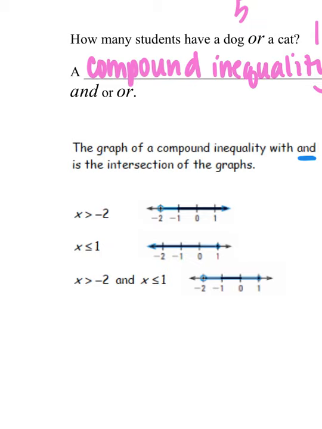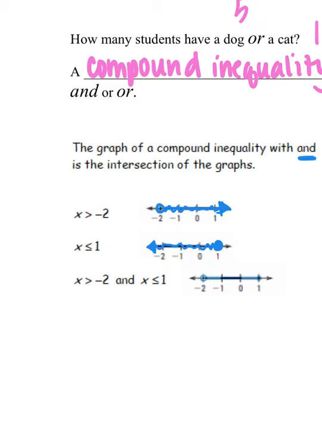So x is greater than -2. It's kind of hard to see on here, but this is an open circle at -2, and it's greater than -2. And then this one says x is less than or equal to 1. This was a closed circle, and it was going less than, so to the left.